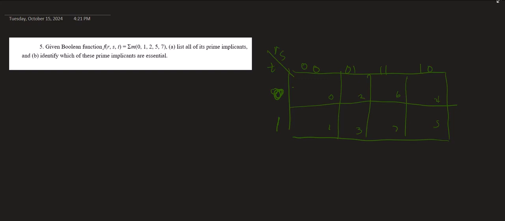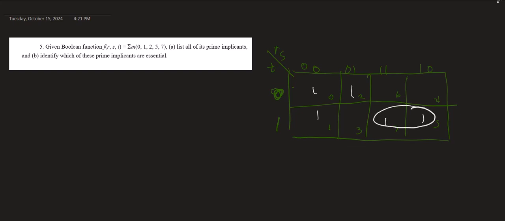So I'll put ones in all of these: 5, 7, 0, 1, 2, 5, 7. Okay, so your prime implicants are the ones that we're used to looking for, as big as possible, and a multiple of 1. It has a power of 2: 2 to the 0 is 1, 2 to the 1 is 2, 2 squared is 4, 2 to the third is 8.